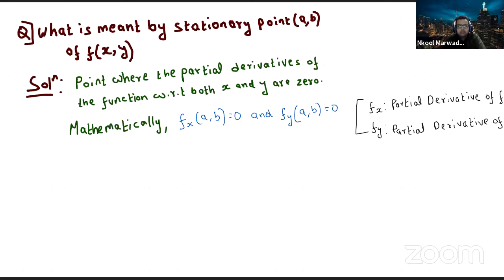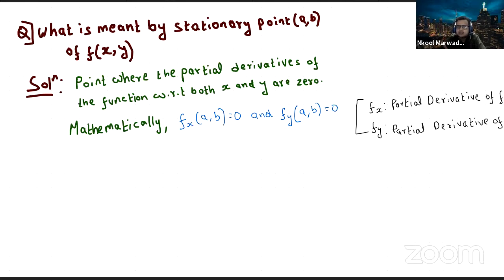Now let us look at some more properties of a stationary point. Mathematically we got the condition, but what is the significance of that, or the intuition behind it? What is the meaning of getting 0 when I take the partial derivative?